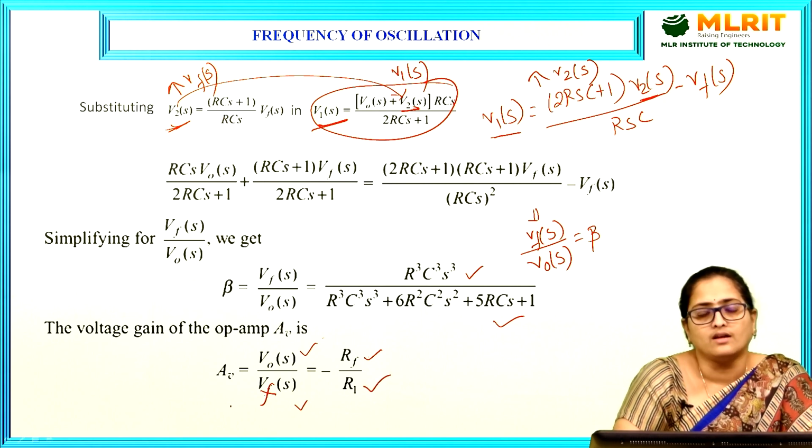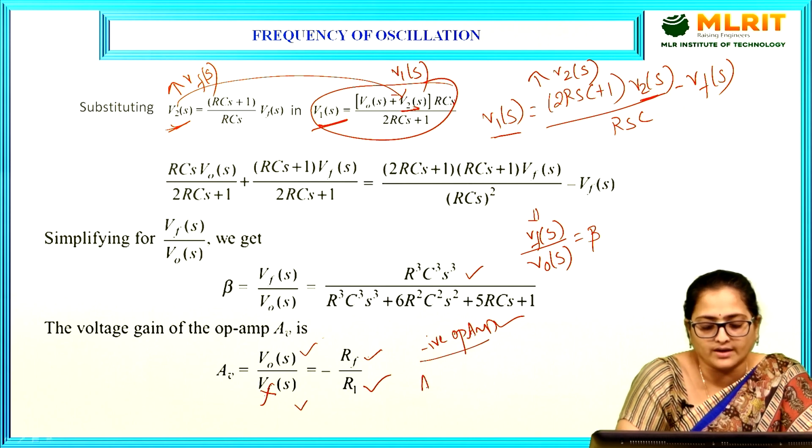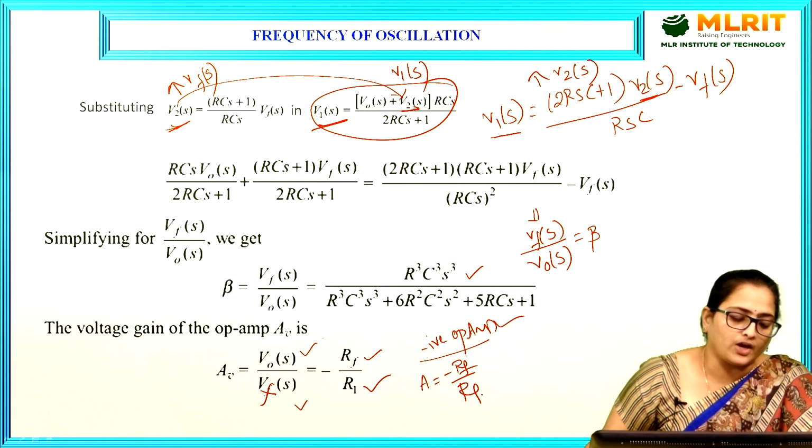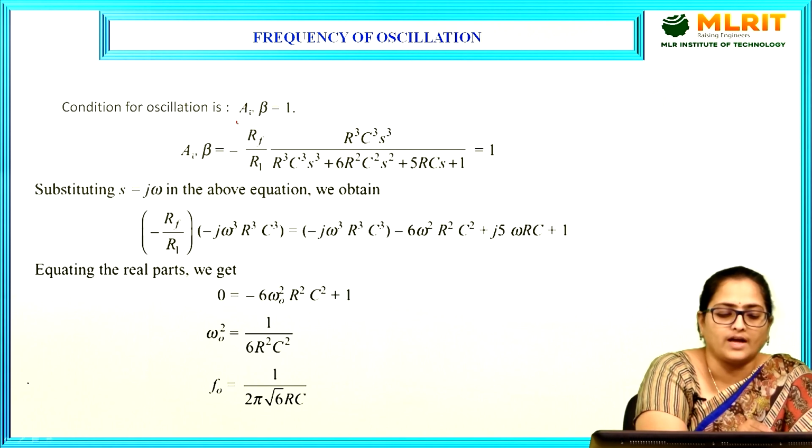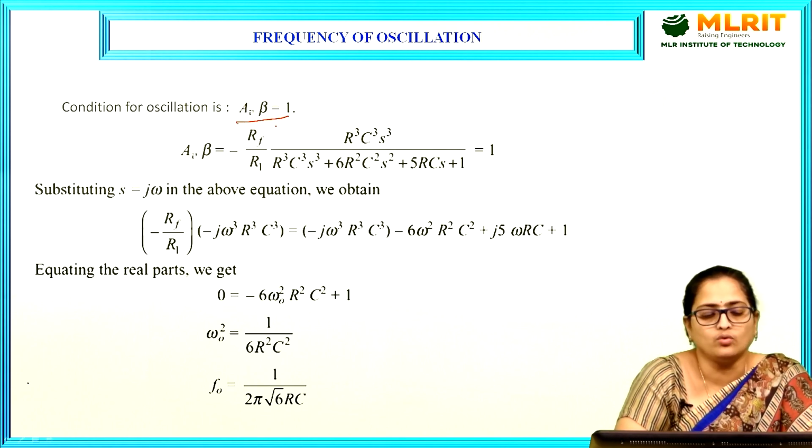As the feedback is given to the negative terminal of an op amp, the gain of an inverting amplifier is given as minus Rf by R1. But according to the conditions of an oscillator, we can write A beta is equal to 1.